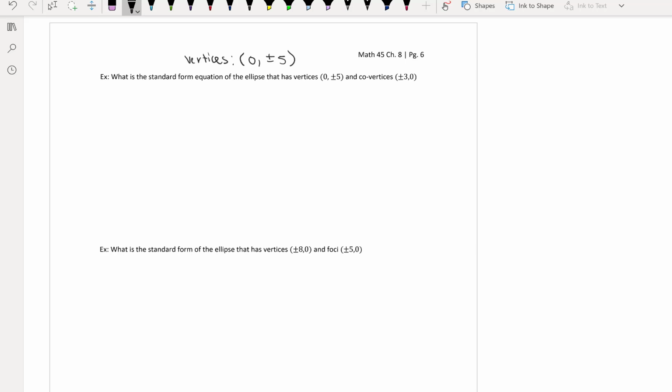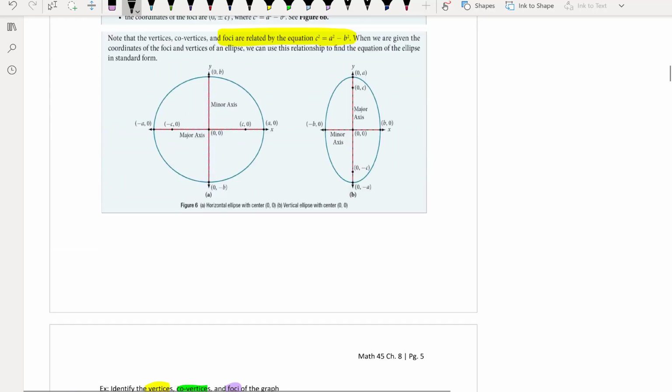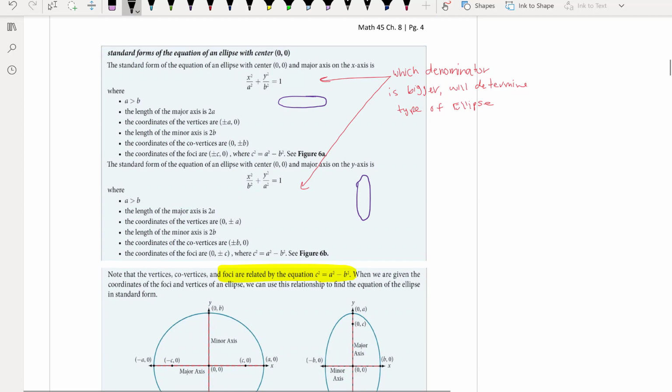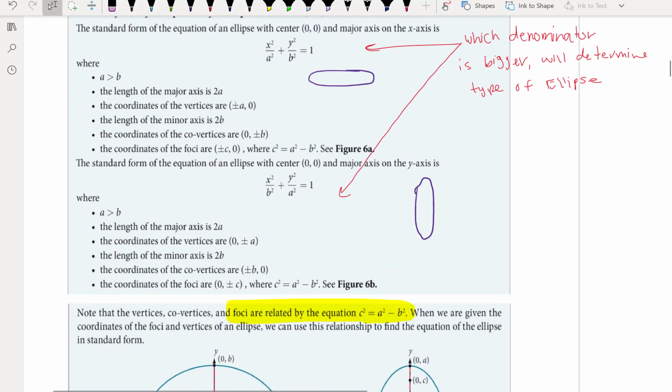So here, the vertices, that first value is 0. So since that first value is 0, let's think about this. Let's look at these vertices. Here are the vertices and here are the vertices. So if I have 0 in that first spot, then it's going to be plus or minus a.